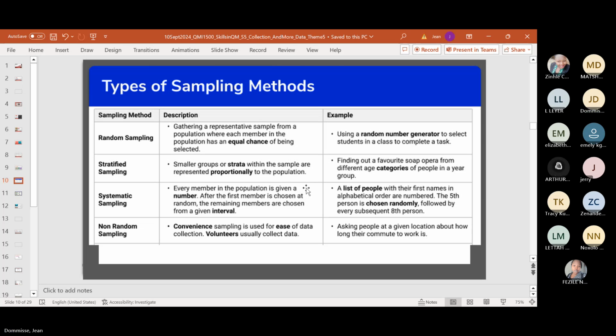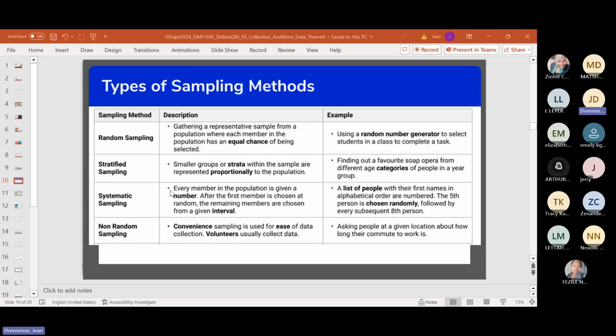Non-random is basically even if you are in a workplace and you ask your 5 colleagues around you to give you some kind of information. That is a non-random sampling method.